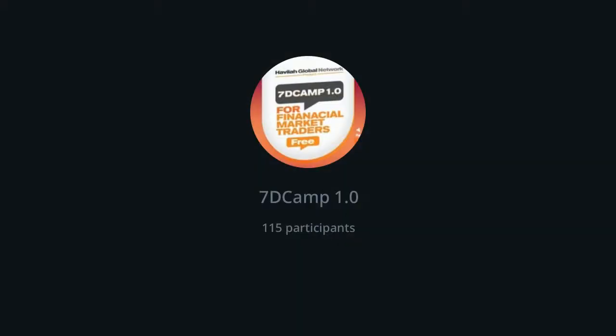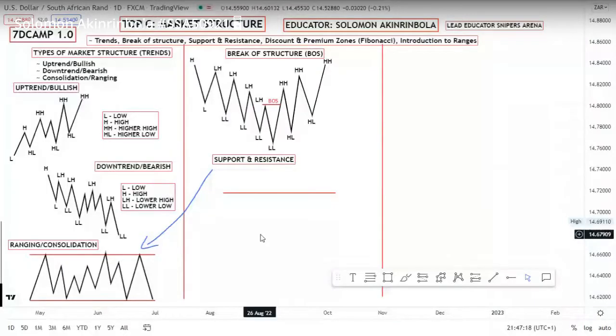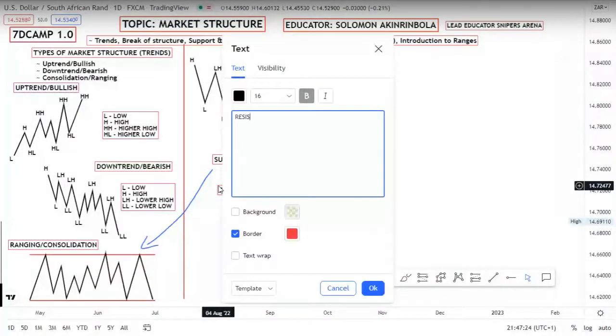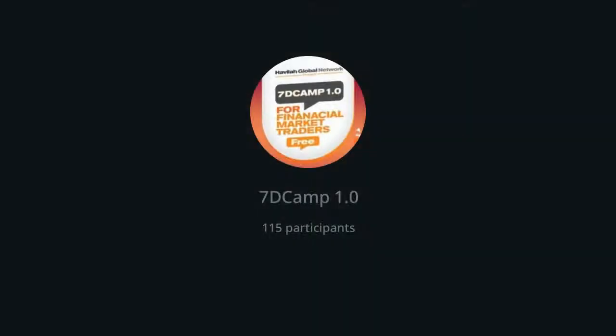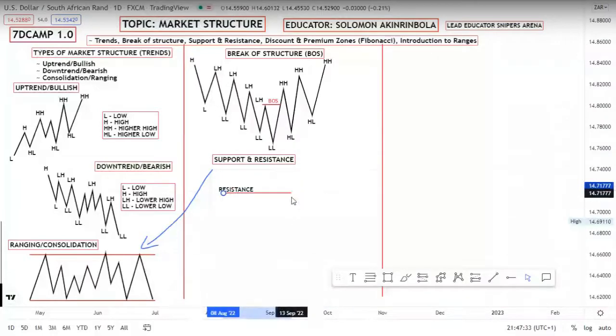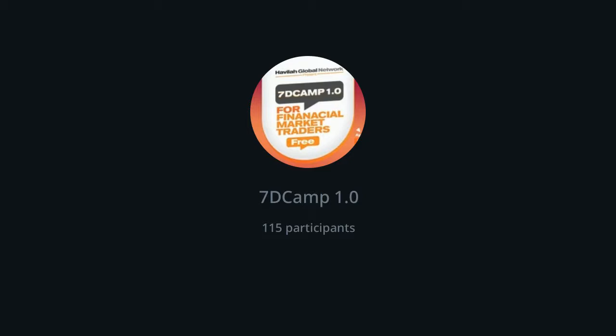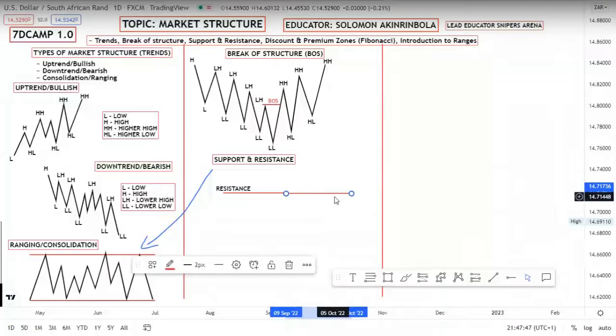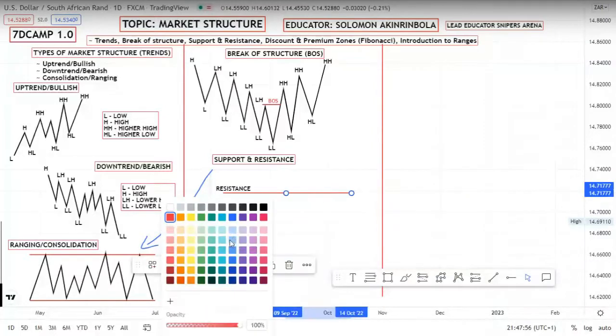Now, resistance. Havilah set me up for this. He knows what I was saying about support and resistance. Okay, good. So I want to make two things. Then let's make it supports. All right, good.